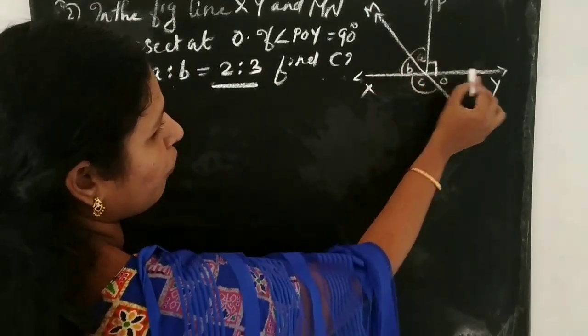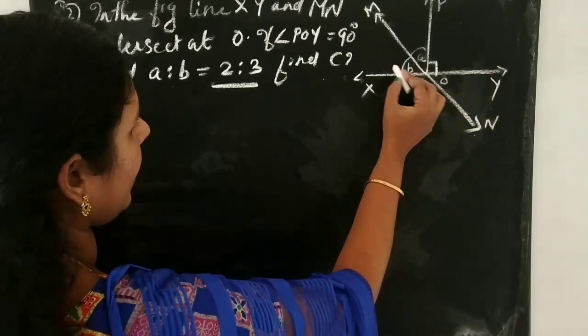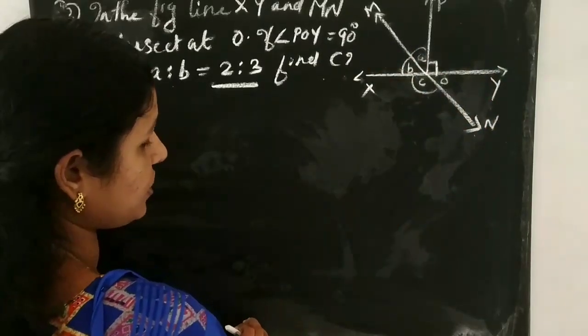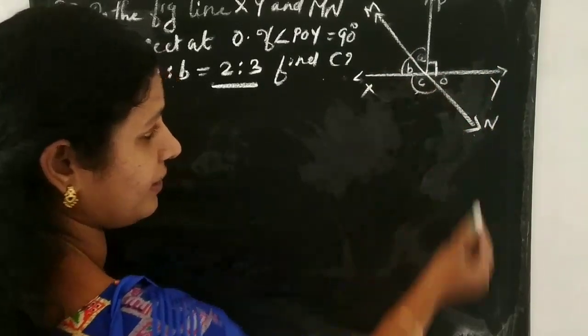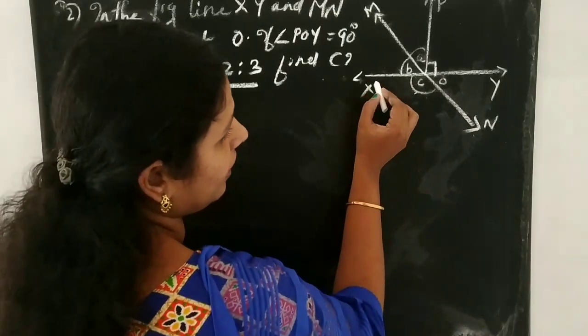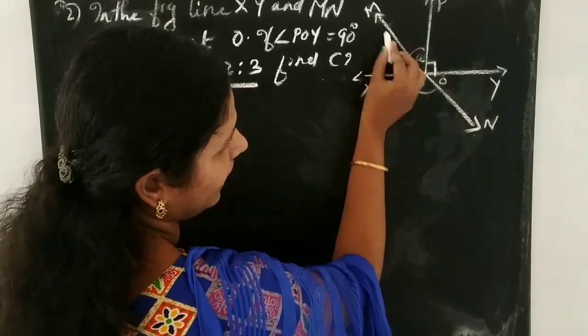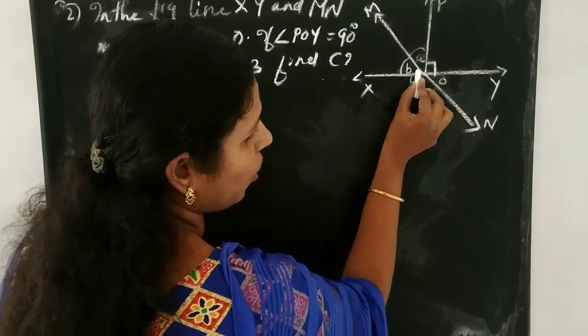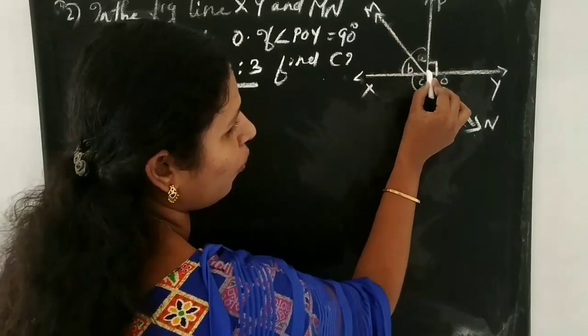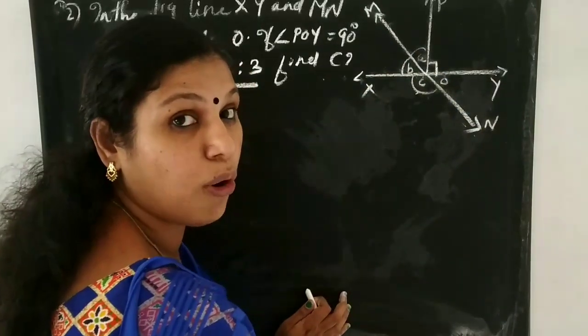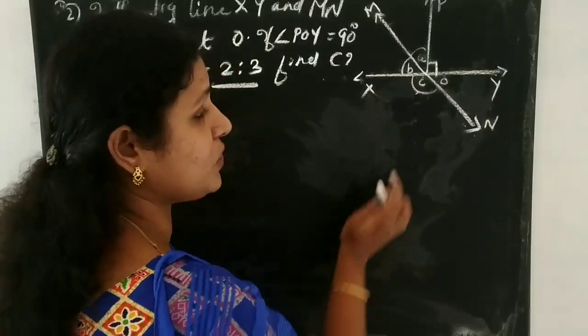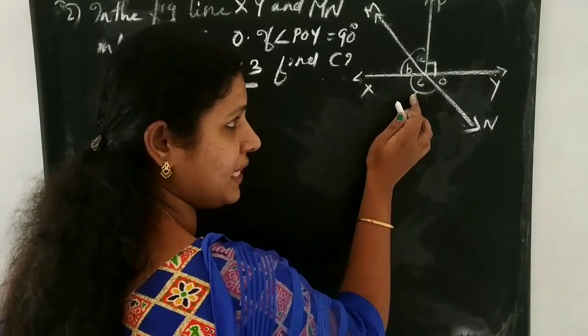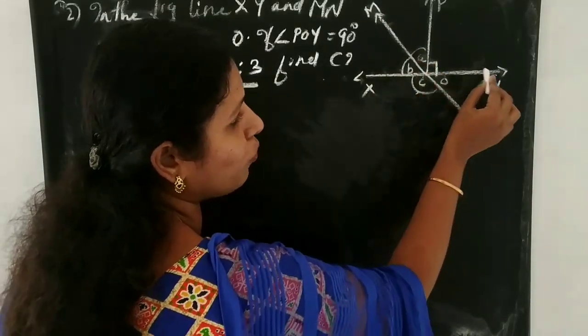Angle POY is 90 degree. A is to B is 2:3, and we have to find this C. See children, here XY and MN intersect at O. Then we have to say that XON and MOY are vertically opposite angles. If we find this C, we know that MOY.